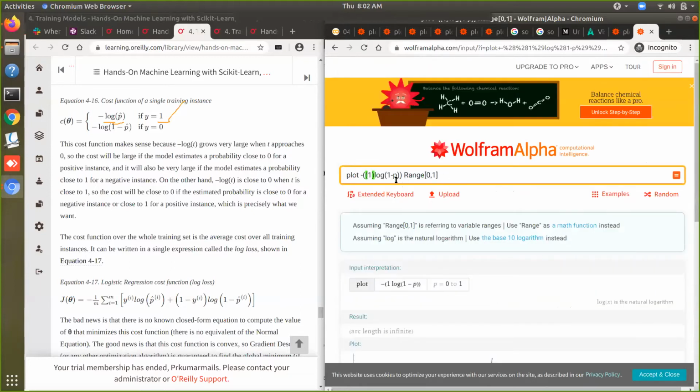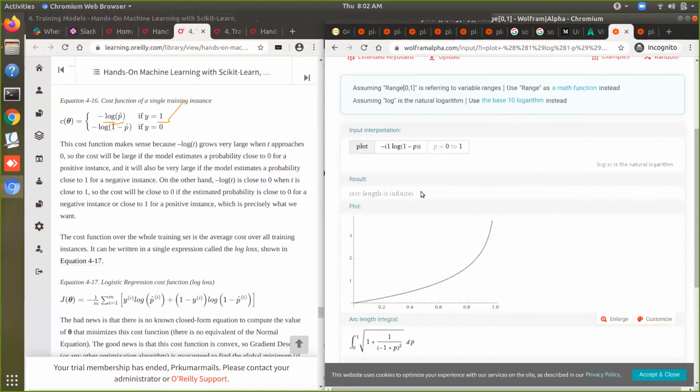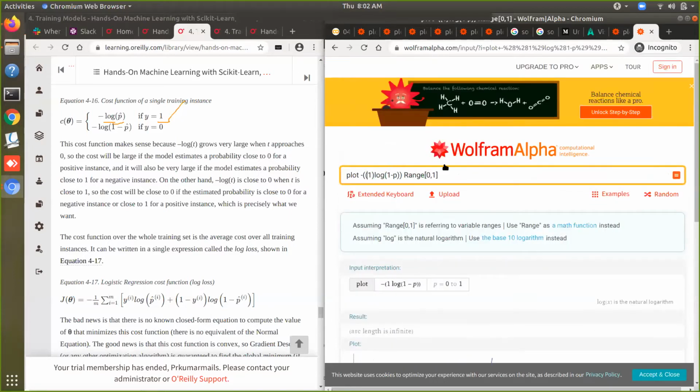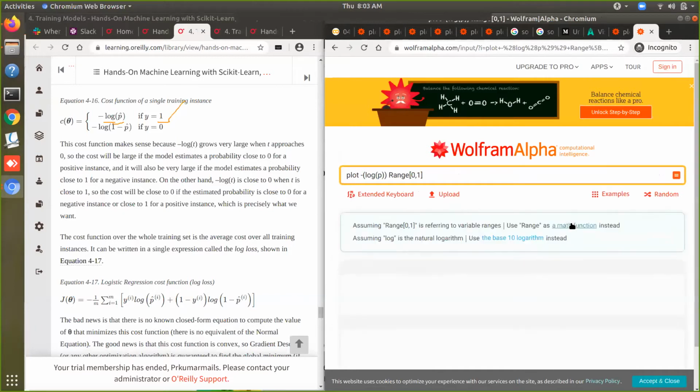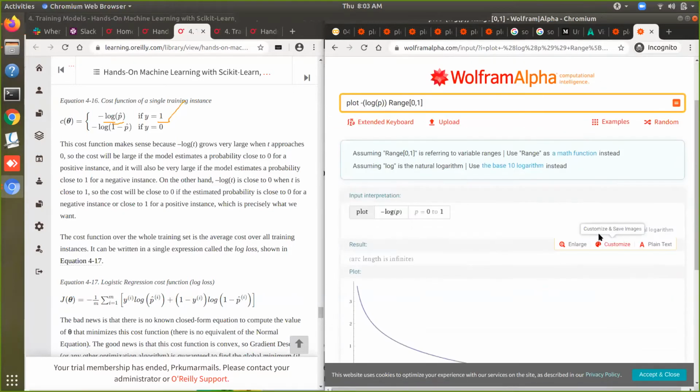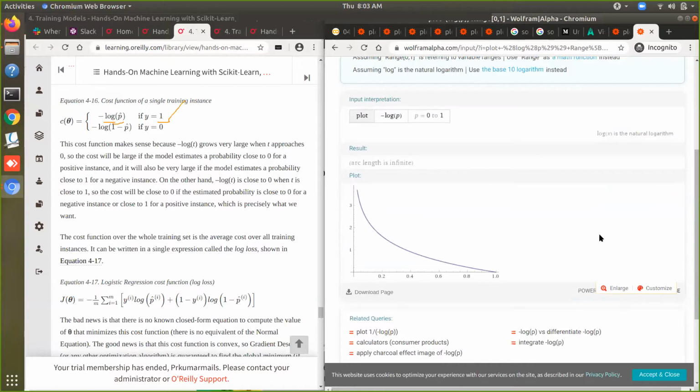I see. Well, then you could just make a new plot for the case of y equals 1. Just minus log p. There we go.